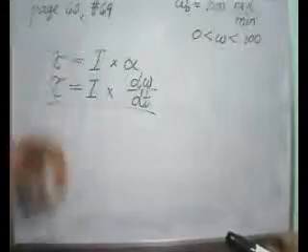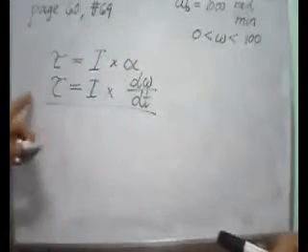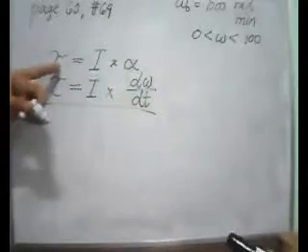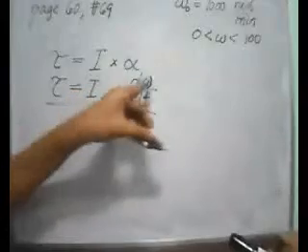Actually, this is a continuation of number 68, wherein we were asked to find an expression of omega in terms of t, and using the expression given for the retarding torque, we're going to find again the expression for omega.